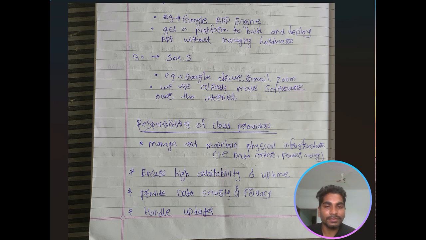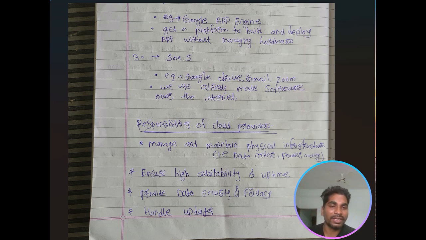The second point is to ensure high availability. Most people use the cloud to store their data, so the cloud provider also has the responsibility to manage the availability of the storage.